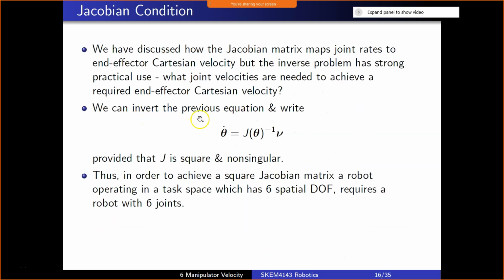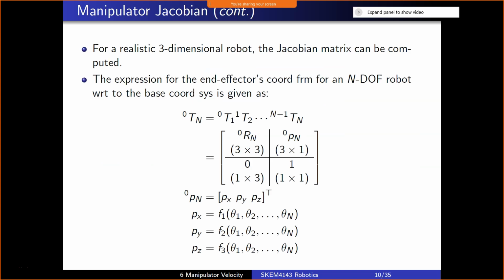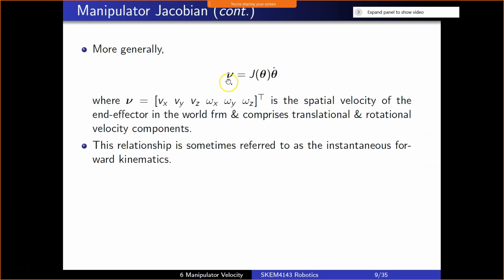So we can invert the previous equation and write. Previously we have nu equals J of theta multiplied by theta dot, and from this equation, if I know my joint velocity, I can more or less know my end effector spatial velocity, right?